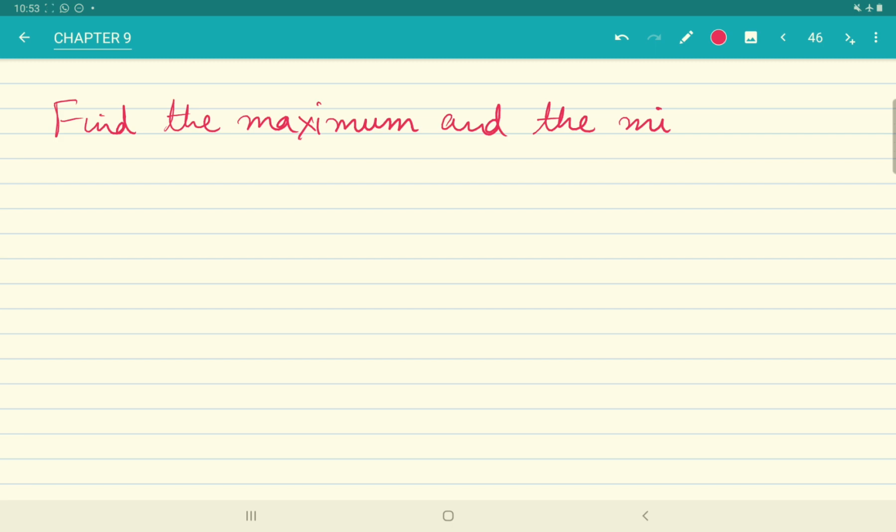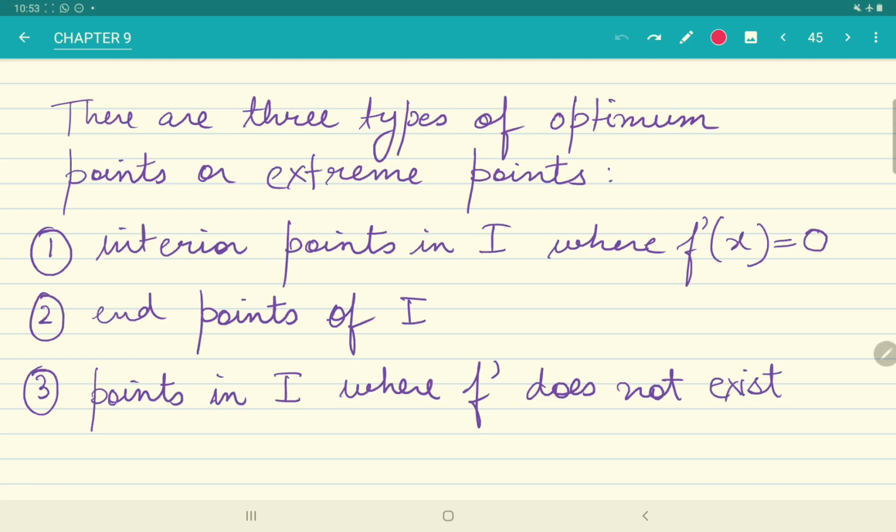So we are going to start with a differentiable function only. And we are not considering the third case here, wherein there are points inside the interval I where f prime does not exist, and those points can be the optimum points. Yes, that can be a situation, but we are not concerned about those situations. As economists, we usually study functions that are differentiable everywhere.